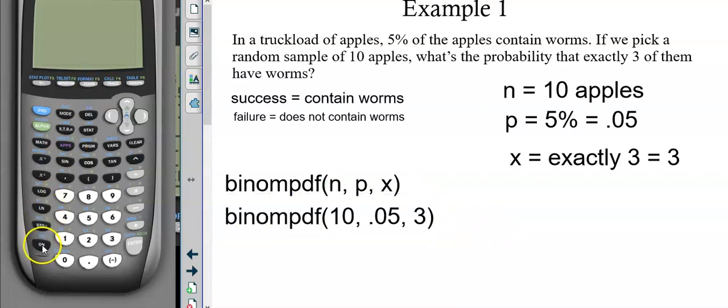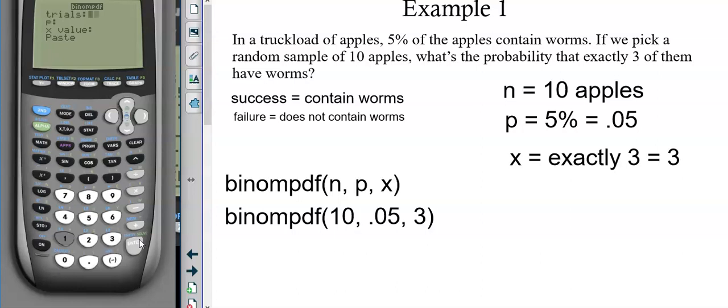In our calculator, we'll turn it on. We're going to go to second and vars, because you see that blue distribution right there? If we hit the second button and vars, it takes us to distribution. Then we come down until we get to binomial PDF. Not CDF, but PDF. Hit enter there.